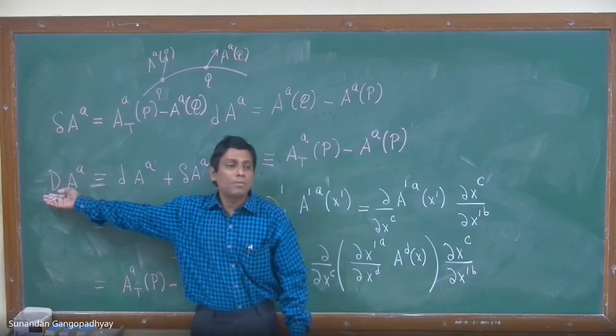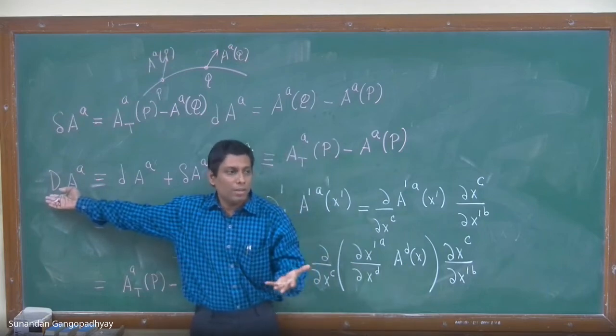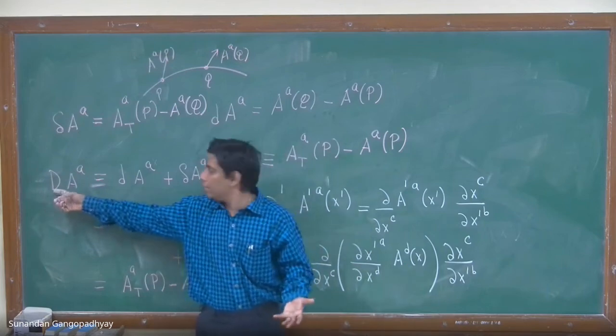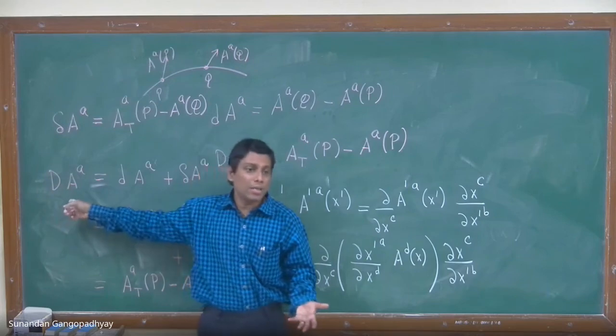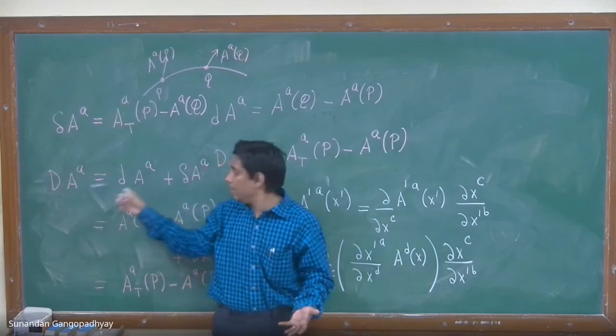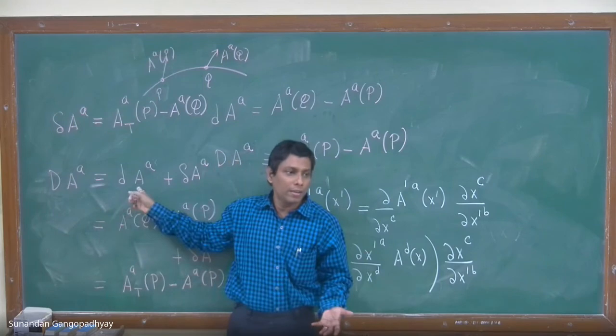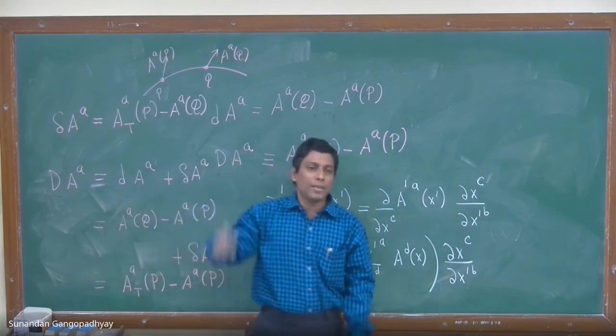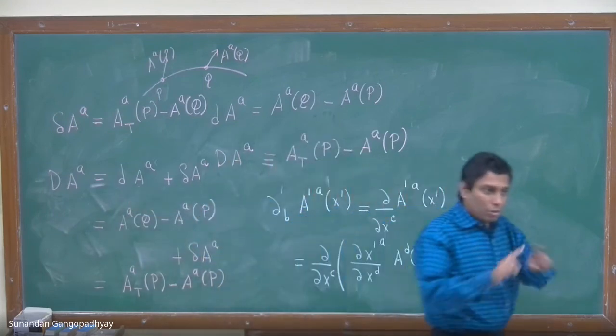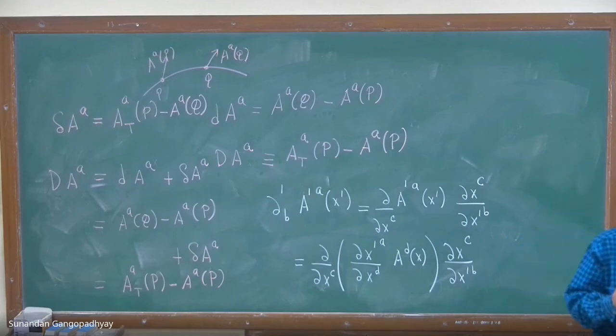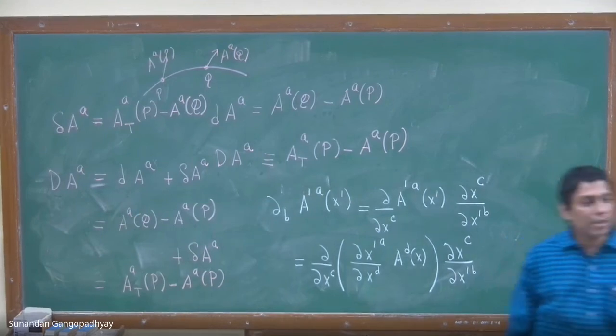I want this operator DA^A to transform in a tensorial way. This does not, so this also does not transform in a tensorial way. Both of these objects do not transform in a tensorial way, but the full thing transforms in a tensorial way.